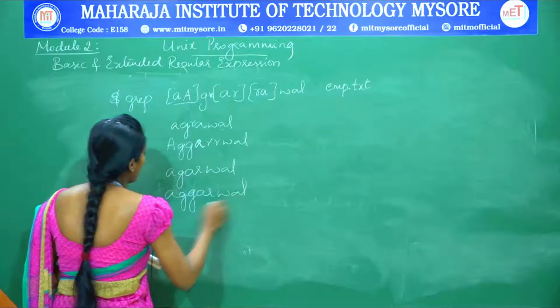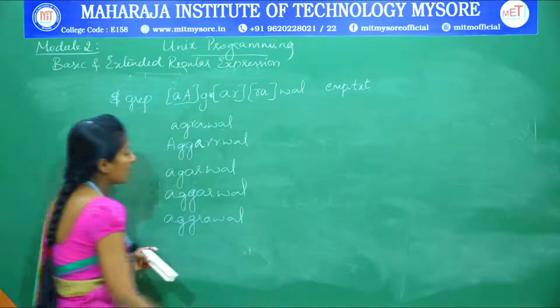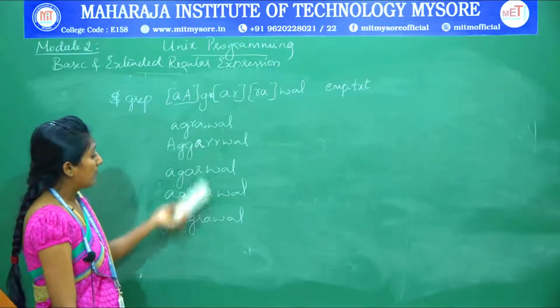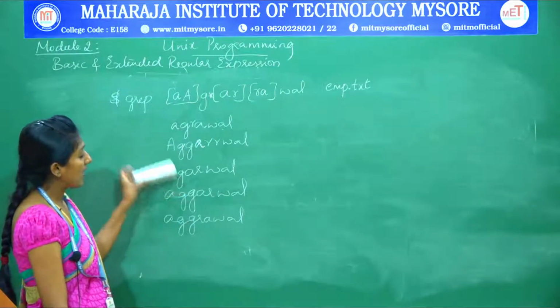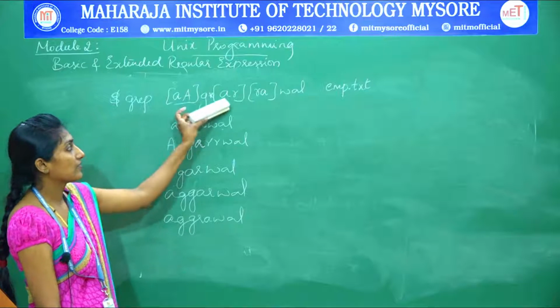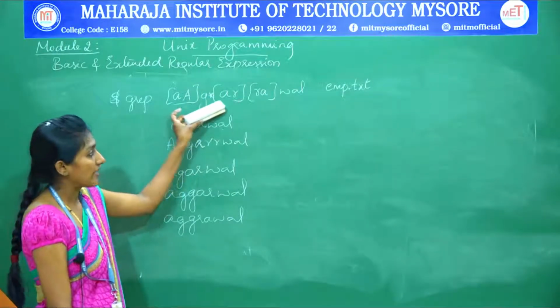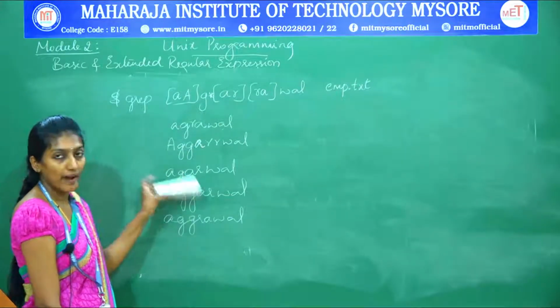These are the different character patterns which can be matched from the regular expression. So if you have used these expression characters for matching a pattern, you can match this many kinds of patterns.